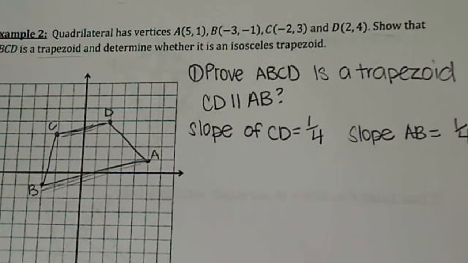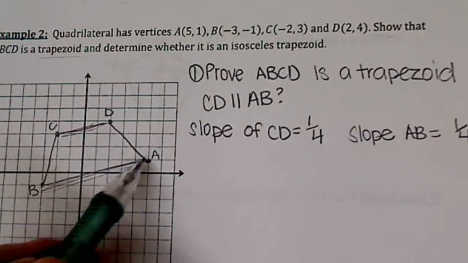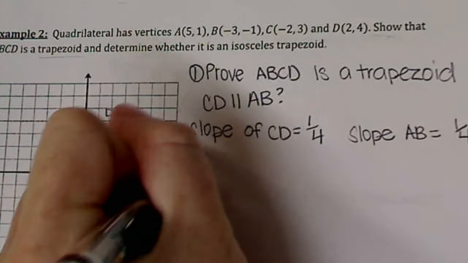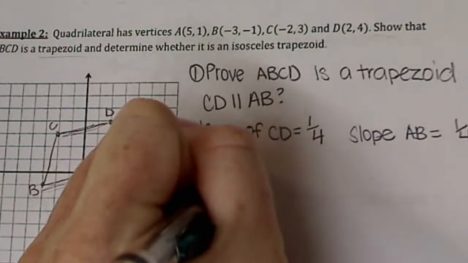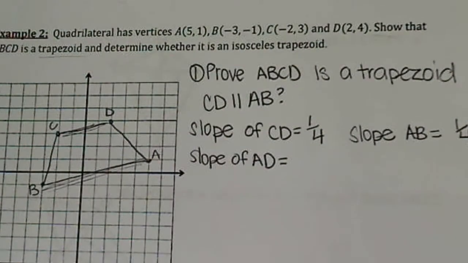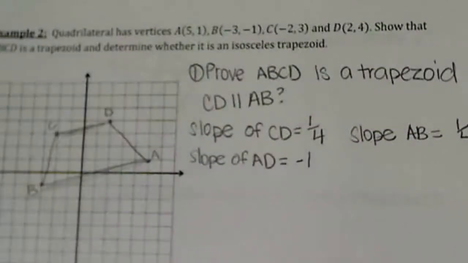Now, our conditions say that it has to have only one pair. So even though these are not parallel, we need to state that by showing the slope. Slope of AD, -1.